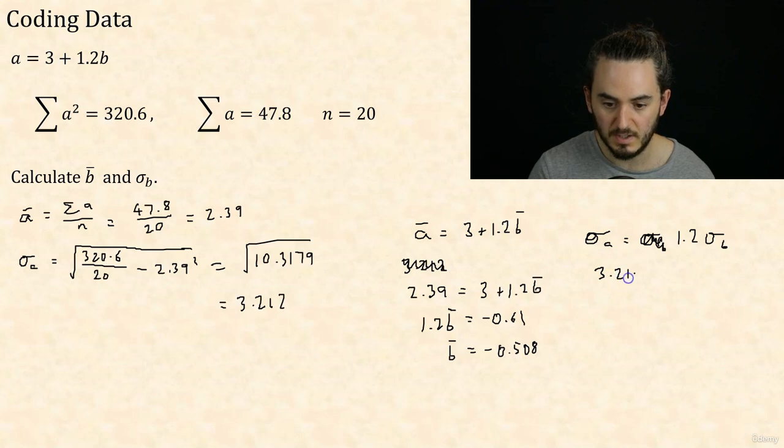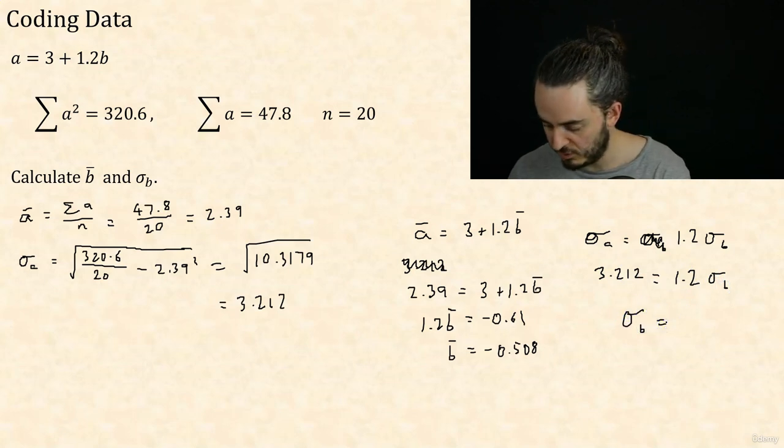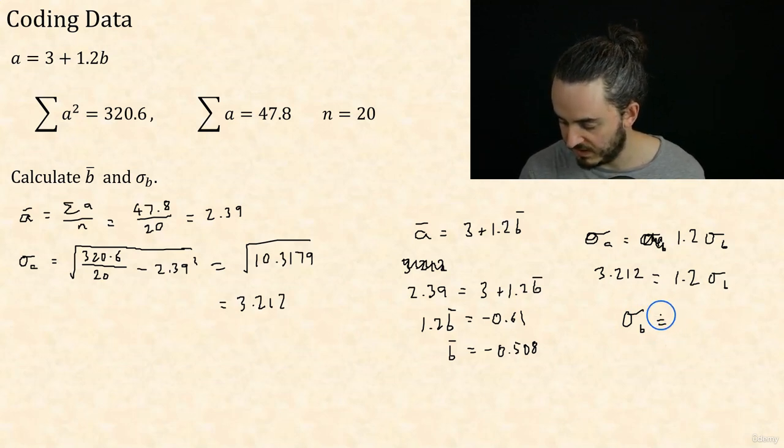It's 3.212, so that equals 1.2 times sigma B. Dividing both sides by 1.2, so 3.212 divided by 1.2, and I get 2.68.